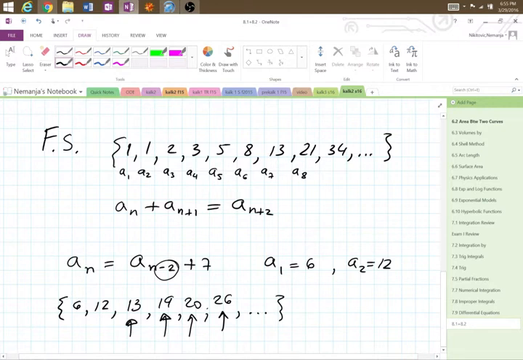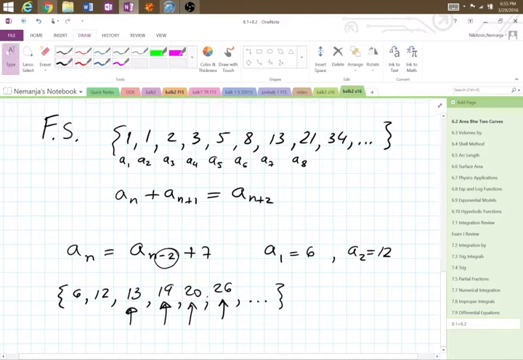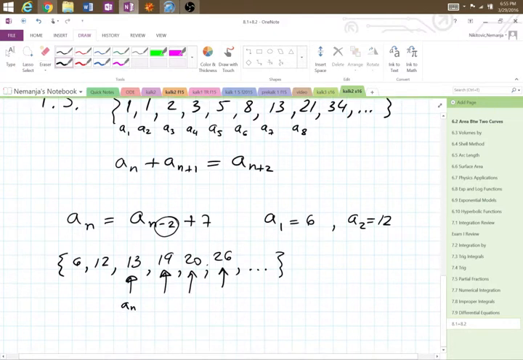That's how they work. Because if this is the an which you want to compute, this term is an minus 1, which is the prior term, and this is an minus 2, which is two terms ago. It's just trying to find the location where you are. The ordering has to be 1, 2, 3, 4, 5, because the terms are discrete, they exist, and they're consecutive.